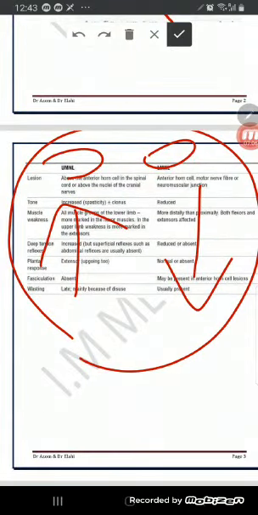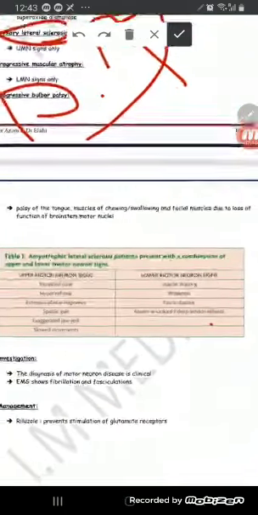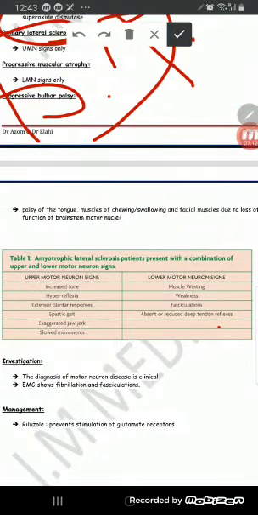As you can see, it is in this table. I have put it here as well. So fasciculation is going to be under lower motor neuron lesion. So the patient will have fasciculation. And at the same time, they'll say the patient has maybe one of them, like increased tone. So it's a mixture, upper and lower. Then the answer is going to be motor neuron disease, most likely amyotrophic lateral sclerosis.